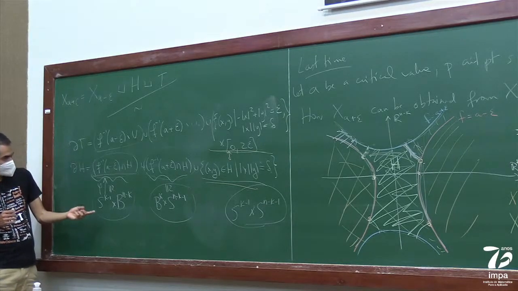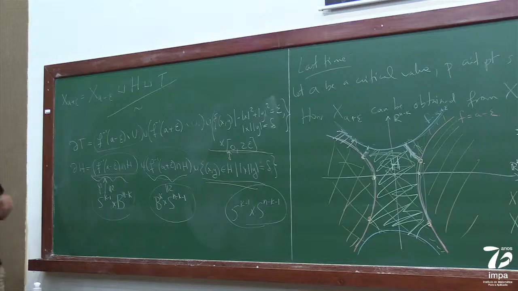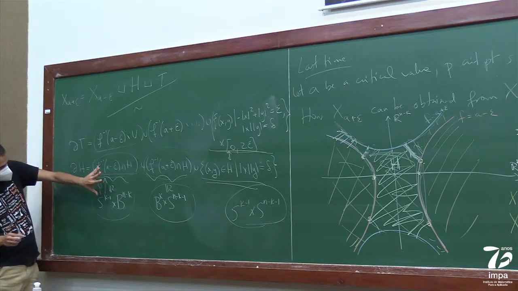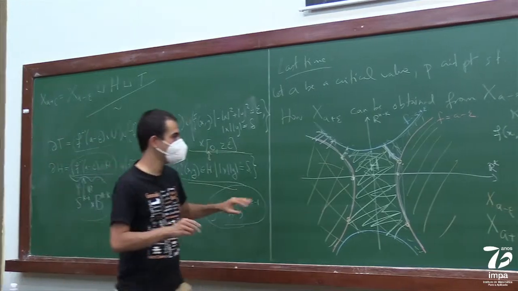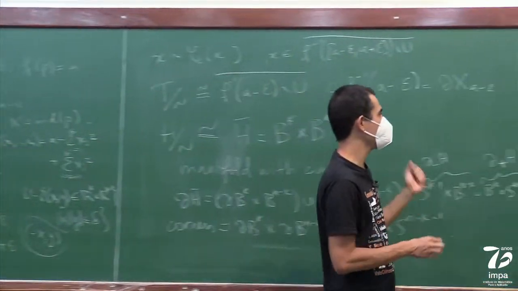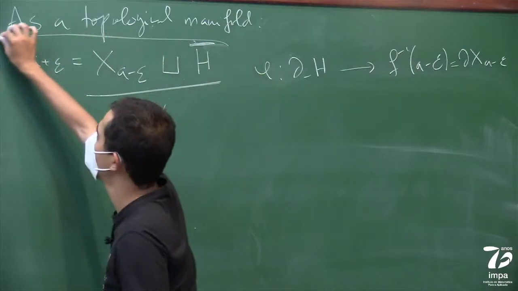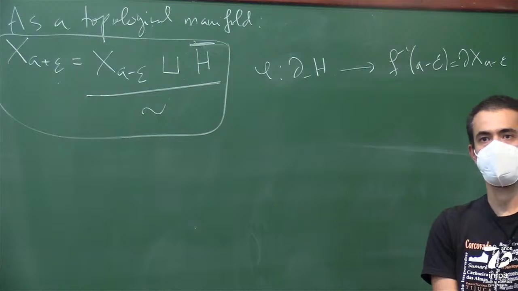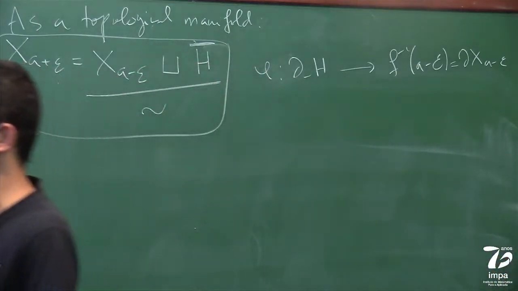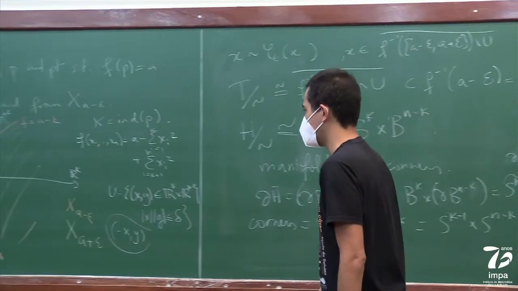So I glue x a minus epsilon to this handle using this diffeomorphism. Then I get a new manifold, and as a topological manifold, this is x a plus epsilon.